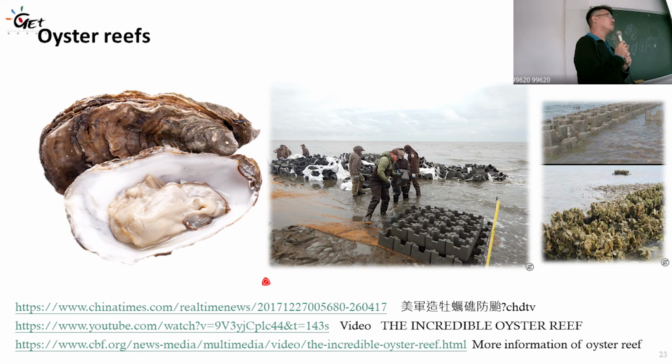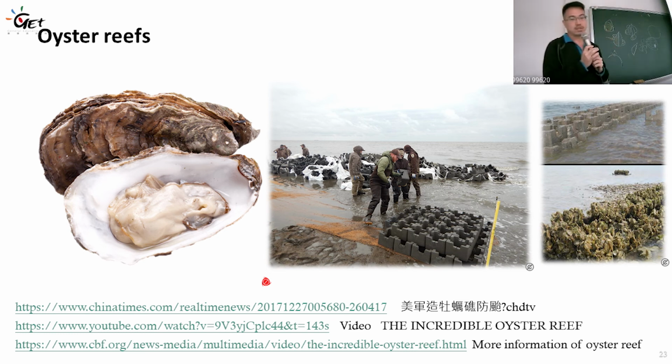But why don't we use oyster shell as a reef? It's a natural material that comes from the ocean, right? And it has many holes, empty space between the shells, right?